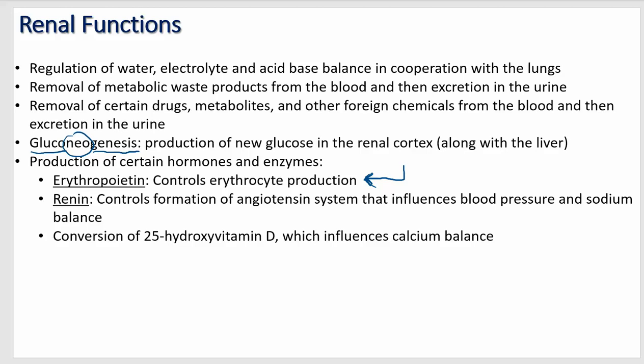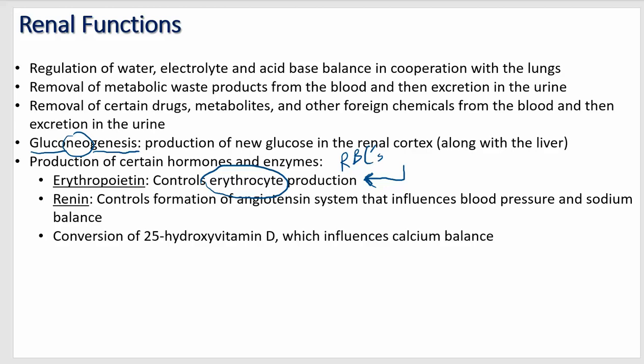But they do, and a lot of times kidney failure is associated with anemia, because if you're not producing erythropoietin, then it's not triggering the bone marrow to make erythrocytes, and erythrocytes are red blood cells. Okay, so that's a reduction of oxygen carrying capacity.